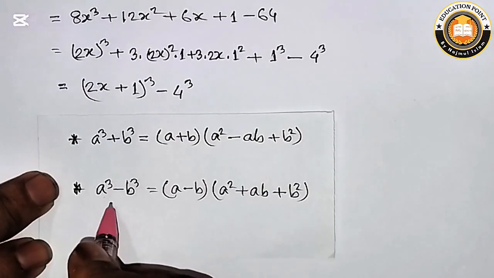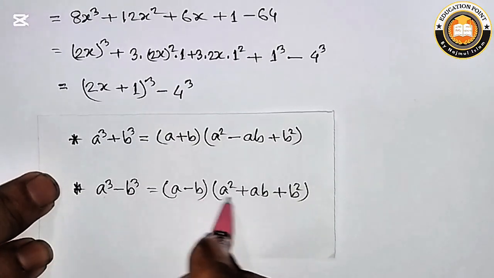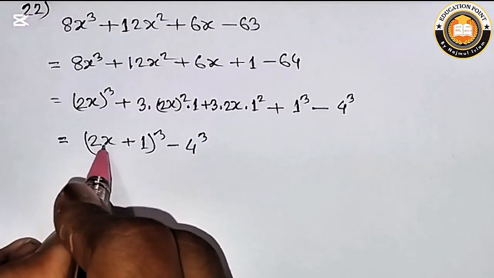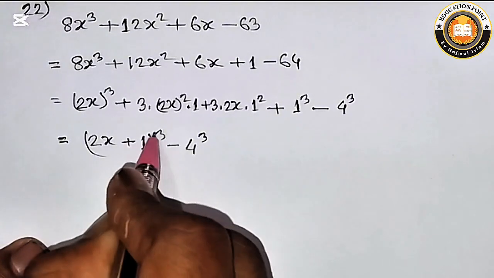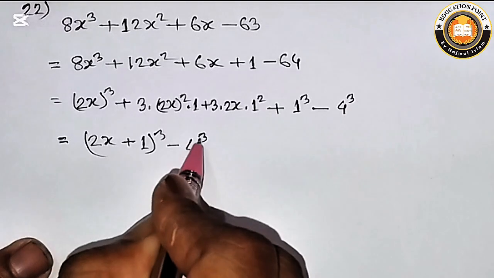Now we will apply the formula of a cube minus b cube, that means (a minus b) into (a square plus ab plus b square). Here 2x plus 1 is considered as a, that means a cube, minus 4 is considered as b, that means b cube.